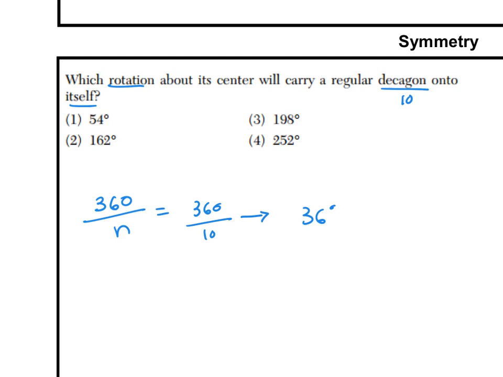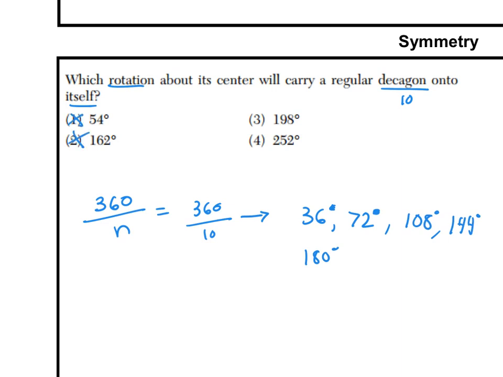So now we've got to test out every other rotation. So remember, we can go another 36 degrees and go 72 degrees. And that's also going to map the decagon onto itself. We could go another 36 degrees and we get 108, and that will map it onto itself. We go another 36 degrees and we go 144, and that would map it onto itself. We go another 36 degrees and we get 180, and that would map it onto itself.